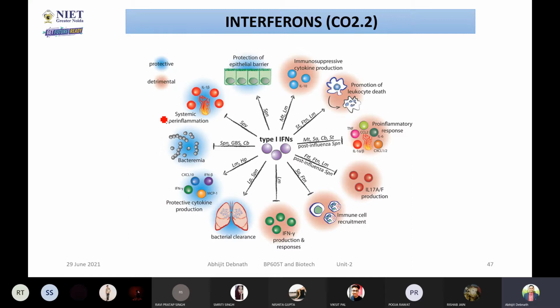You can see these are the various responses it is actually producing. The blue things you are observing are actually protective. It is protecting ourselves, like protection of the epithelial barrier, then systemic hyperinflammation, then bacteremia, and protective cytokine production. It is protecting you, including bacterial clearance.